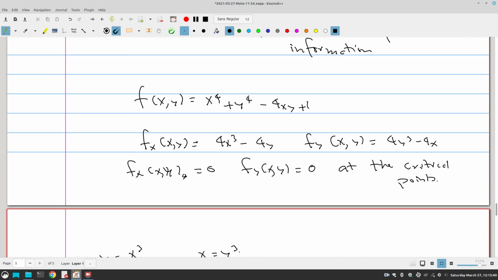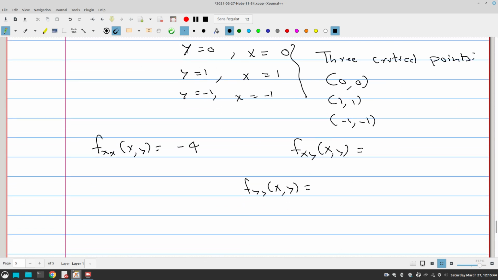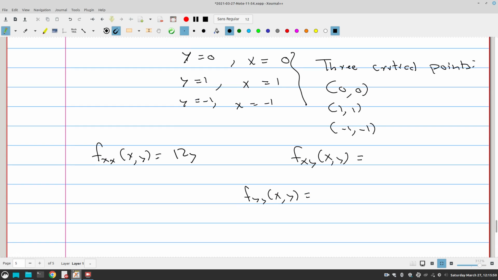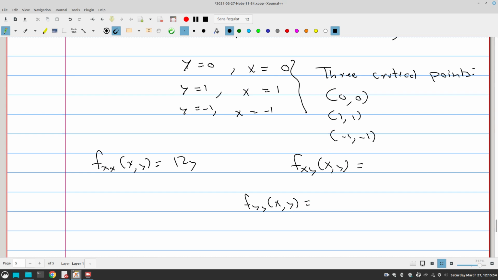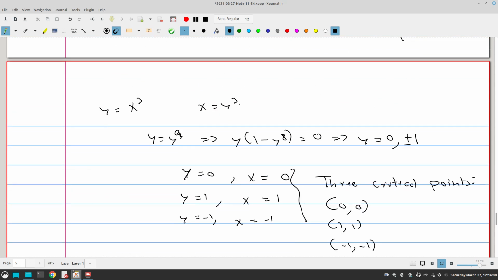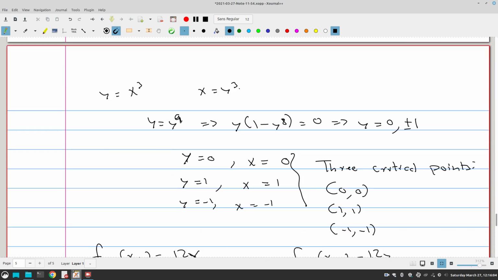Fxx is 12x, so not -4, 12x. And I'm going to guess fyy is 12y as well. This is 12y, right? And fxy, you take x first and then y, is -4.